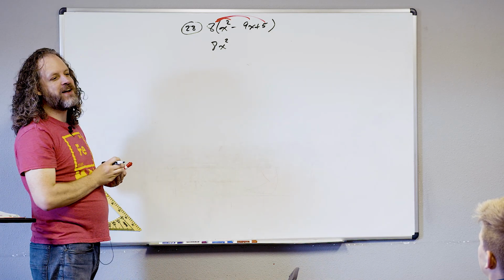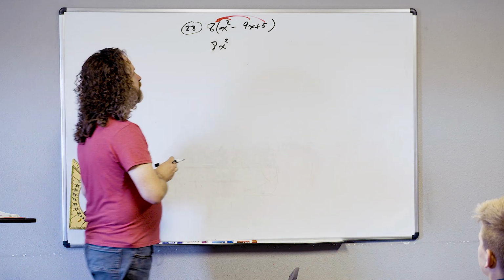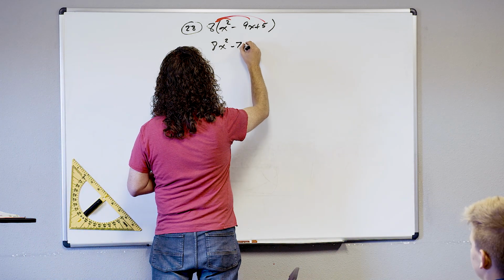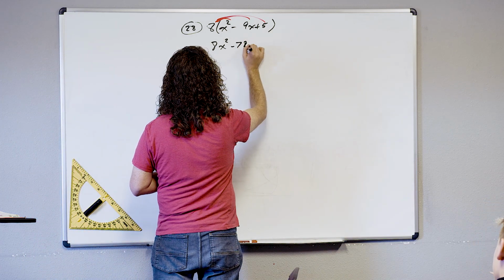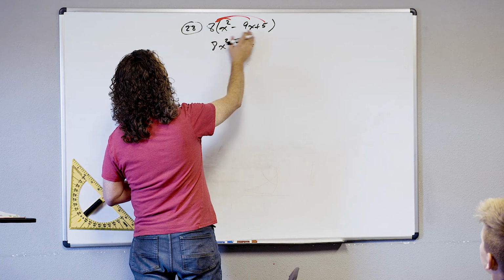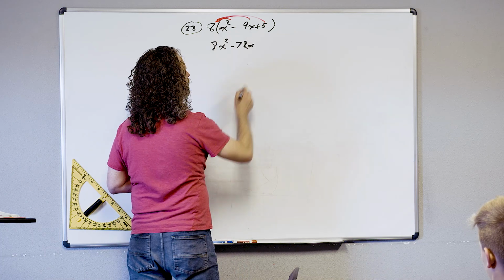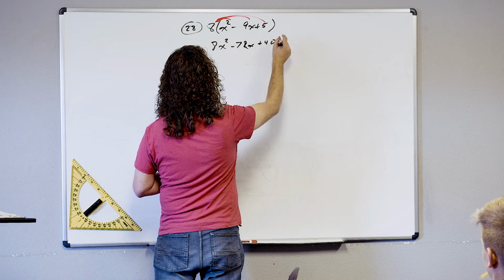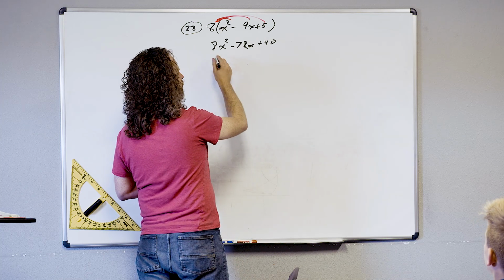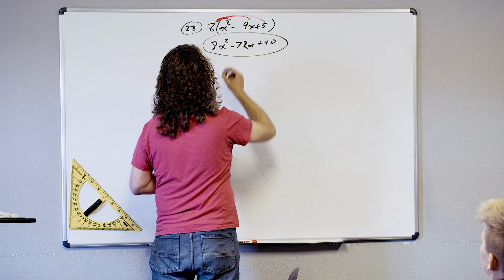What's 8 times negative 9? Negative 72x, right? And then 8 times 5 is 40. None of those combine because they're not like terms, so that's as simple as it gets right there.